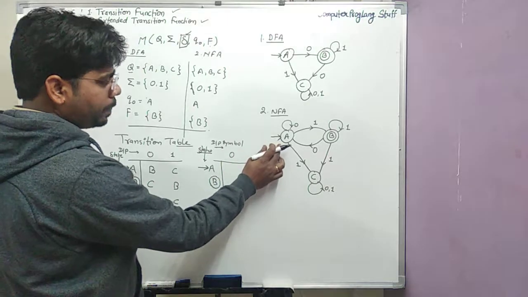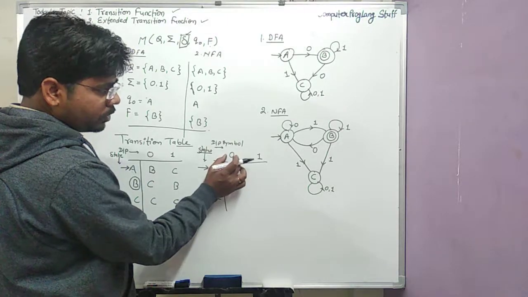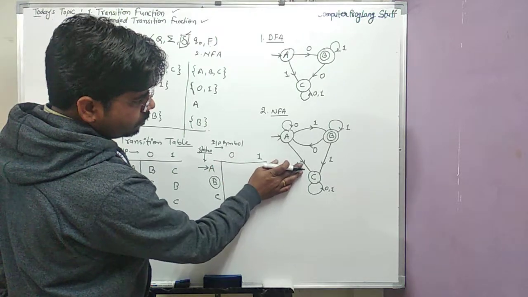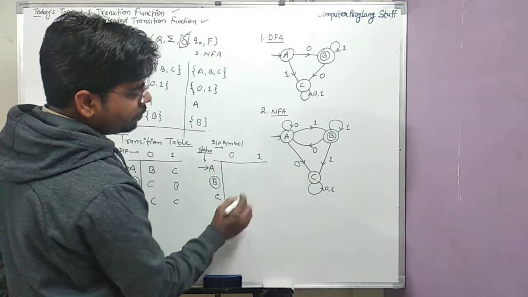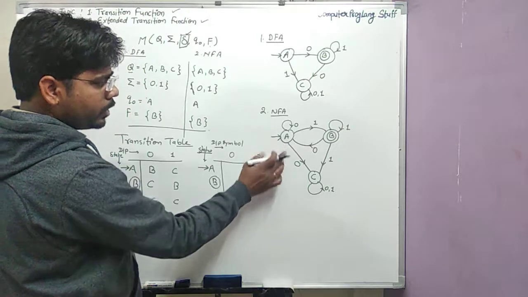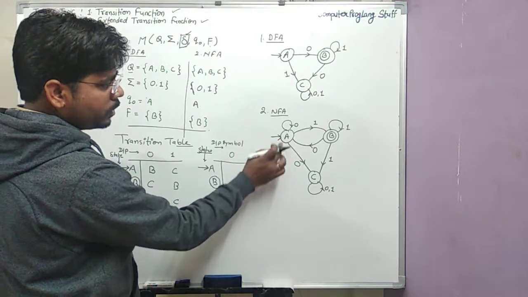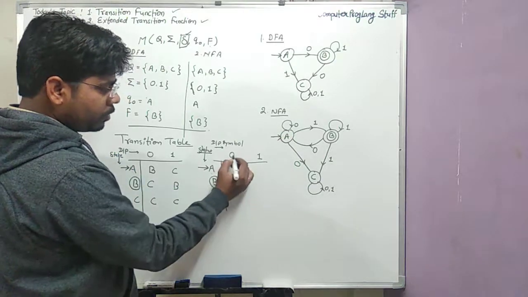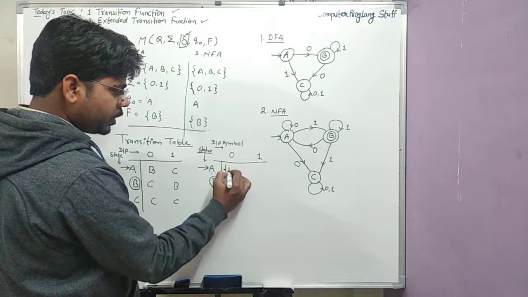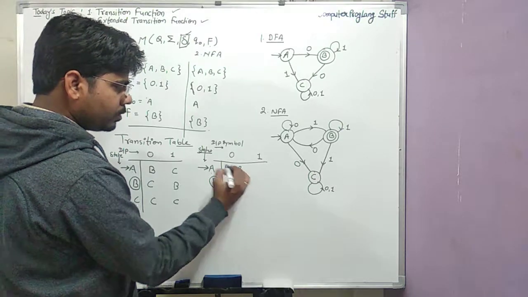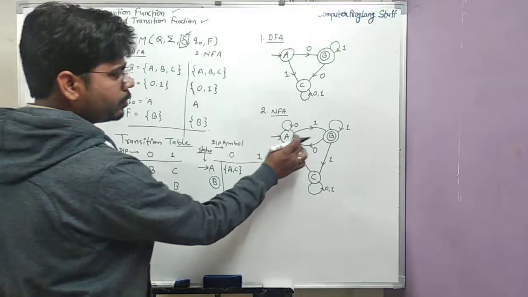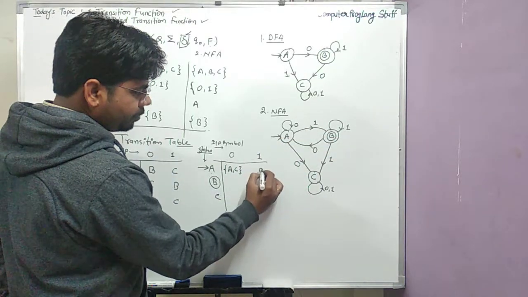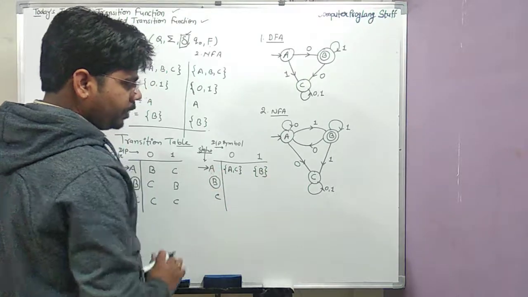From A, for 0 transition, there are two transitions: a self loop, and from A to C. So for 0 we have two states, A and C, and for the transition 1, from A to B, so here we have only B.